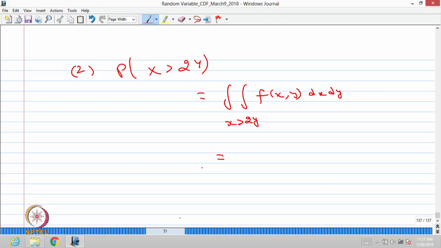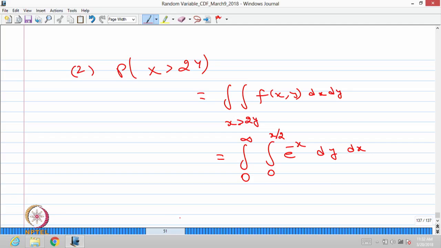That is same as the double integration. The function is e power minus x with respect to y, that is from 0 to x by 2, because x is greater than 2y. So the range of y is 0 to x by 2, range of x is from 0 to infinity.